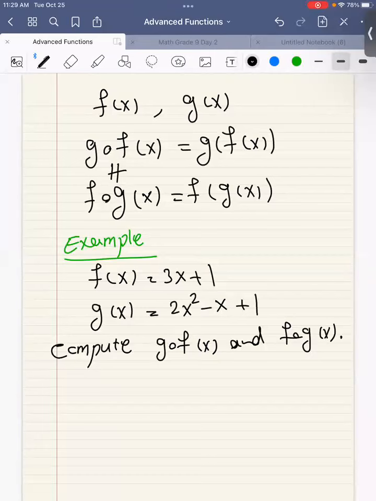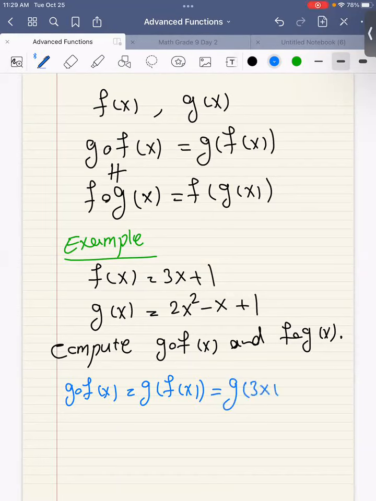So just by definition, g of f of x is equal to g of f of x. But f of x is 3x plus 1. So it's g of 3x plus 1, which is equal to... you just have to plug this into g.